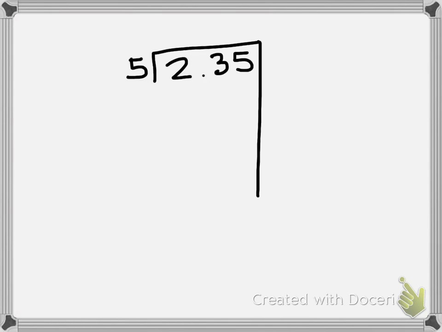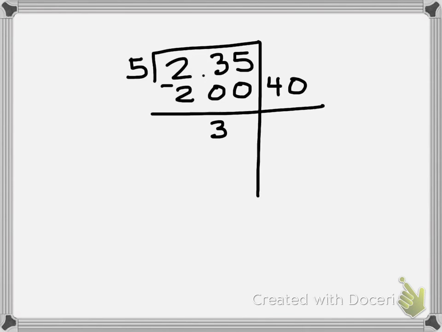So I'm going to start off with a guess of, I don't know, 40 would be a good first guess, because that gets us 200 with a remainder of 35. And now 5 into 35, well, that's easy. I'm going to say 7, which is 35. So our answer would be 47.